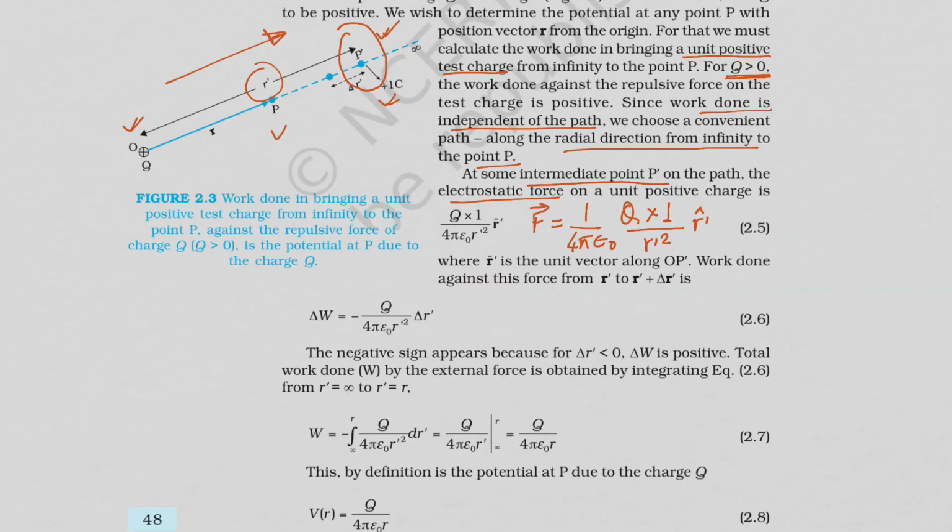Now to derive the expression for potential at a point, we need to go step by step. The second step is finding a small distance, delta R dash, from P dash towards the point P. A very small distance is covered by the test charge with the help of some external force.